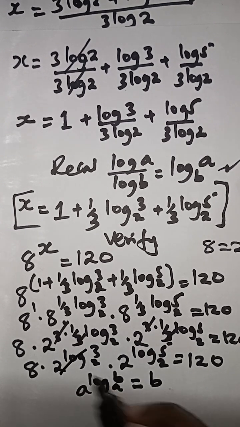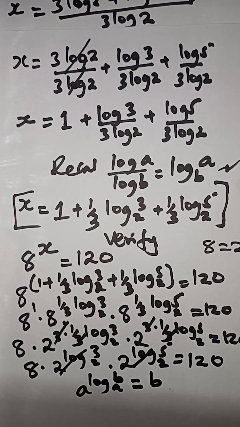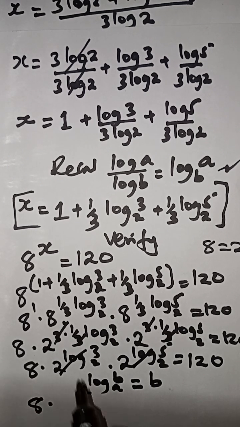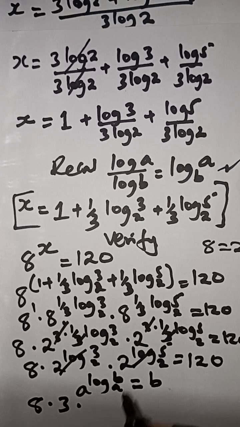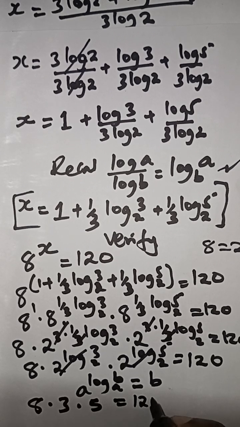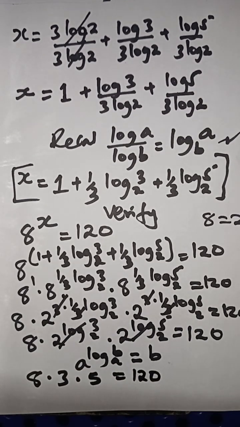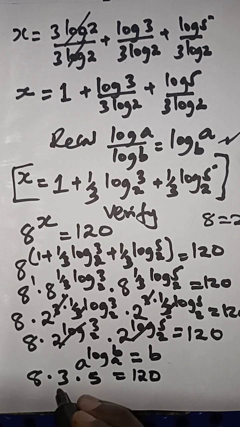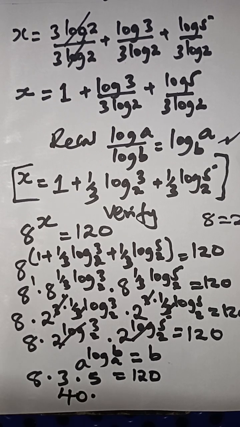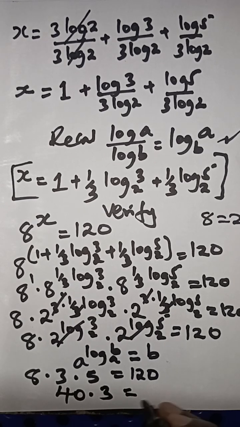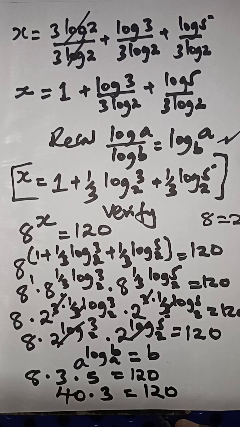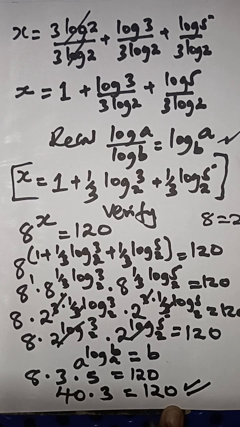All of this is going to change to 8 multiplied by, now this becomes 3, and then this changes to 5, should give me 120. Of course, 8 times 3 times 5 gives me 40 multiplied by 3, which actually is equal to 120. Hence, the proof of our answer.